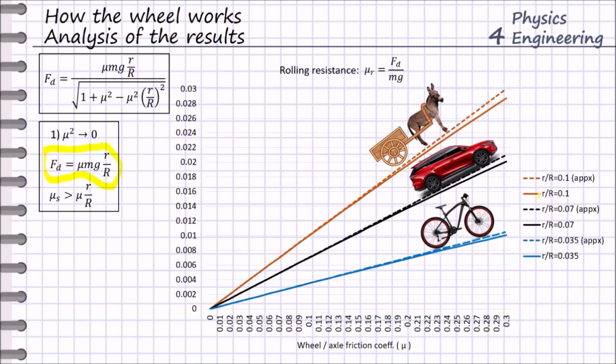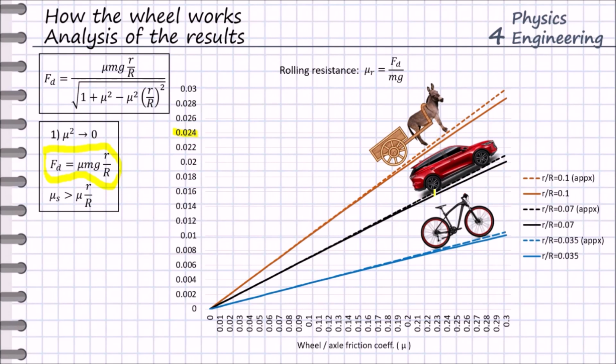So, basically the result will be the following. For this wagon with the highest ratio, we will see that the rolling resistance has the highest value, because our ratio is the maximum. And if you consider that the friction between the axle and wheel is between 0.2 and 0.3, then we will have this rolling resistance for the wagon.